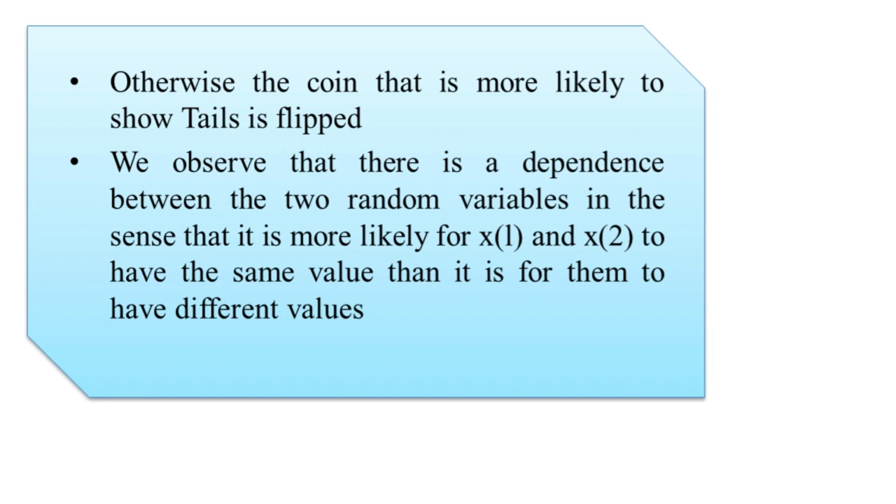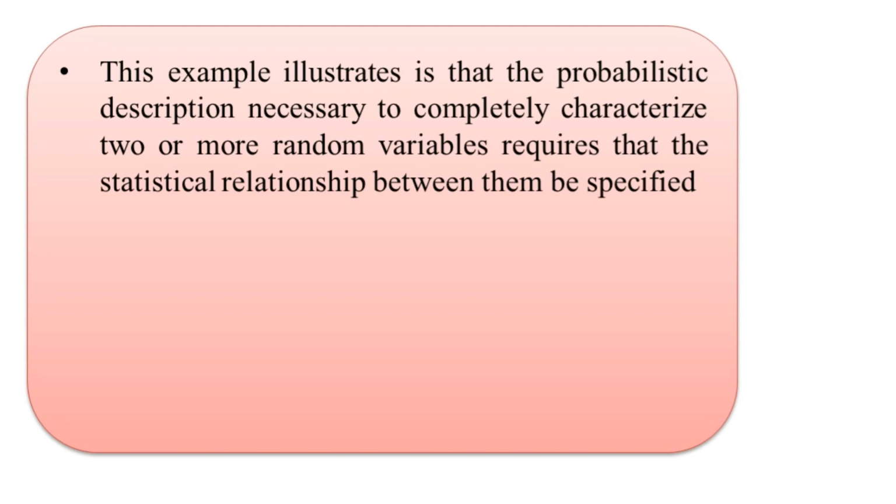Now with respect to this example, the illustration can be made that the probabilistic description is very necessary to have completeness in the characterization of two or more variables, and this is required for the statistical relationship between them to be specified also.